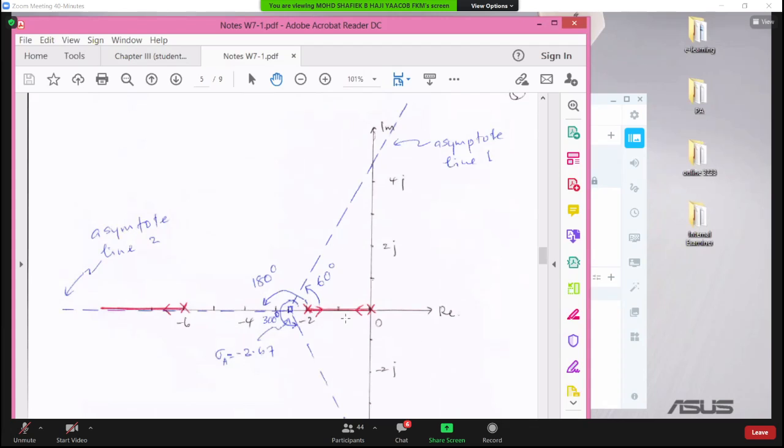So you need to rewrite the characteristic equation for k as a function of s, and take the derivative of that equal to 0, and then you can get the breakaway point.